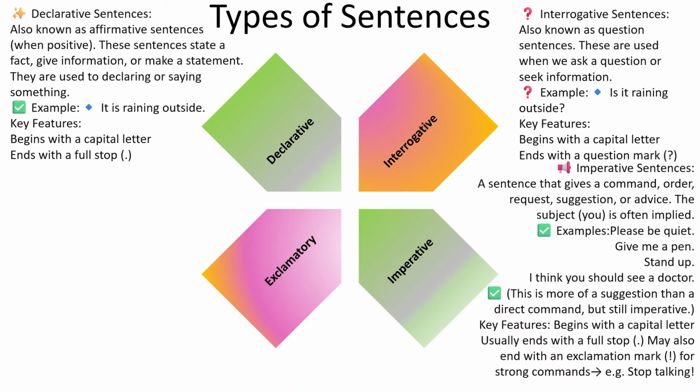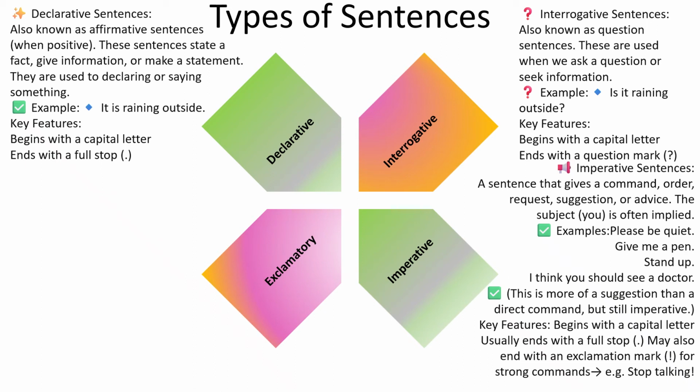For example, please be quiet. Give me a pen. Stand up. I think you should see a doctor. These are different kinds of imperative sentences which are telling us sometimes advice, a command, a suggestion, or an order.